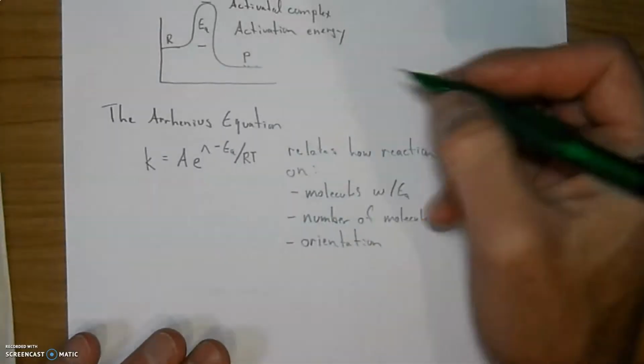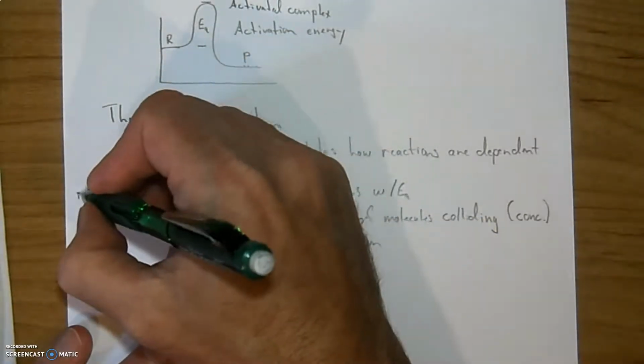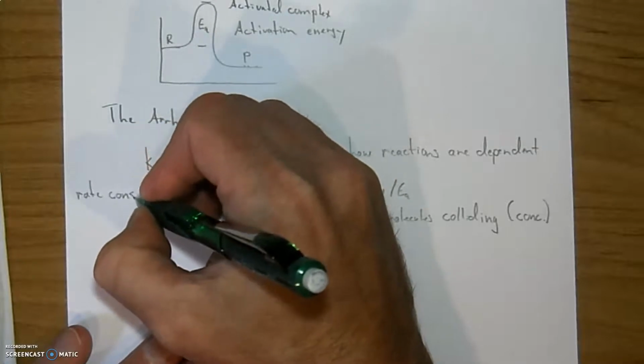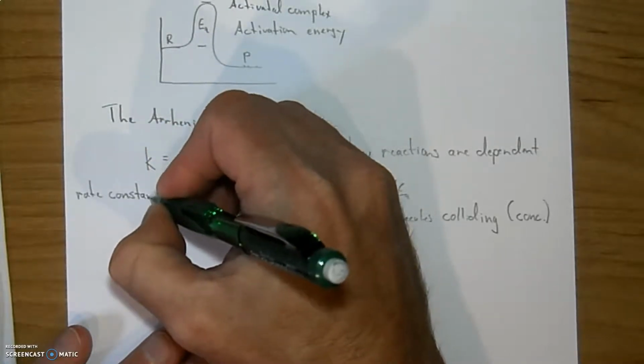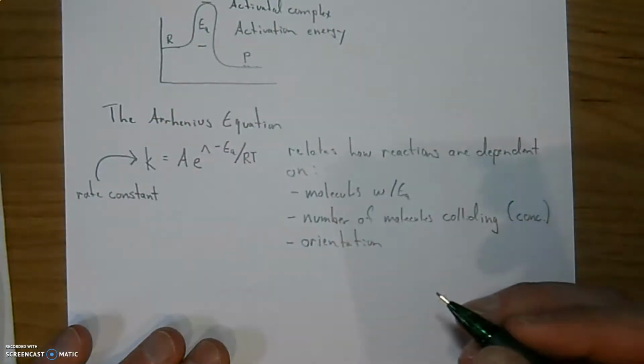So as far as who's who here, we have the rate constant. I'm going to have arrows going all over the place here, so get ready. That's the rate constant.